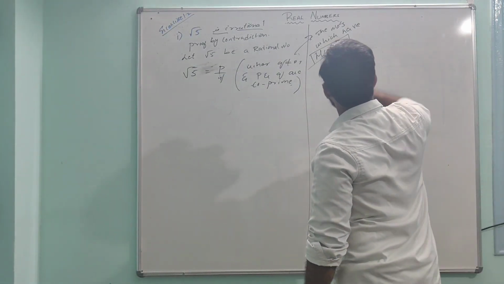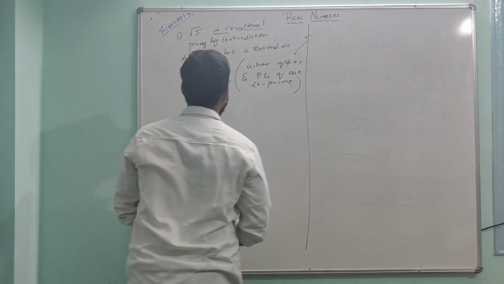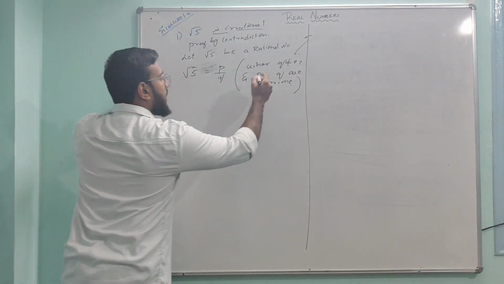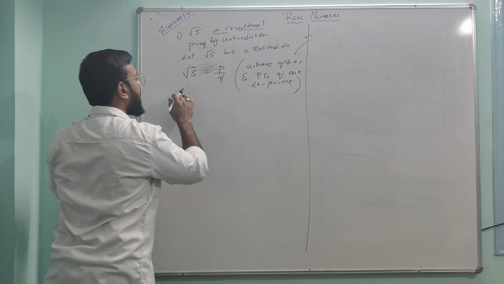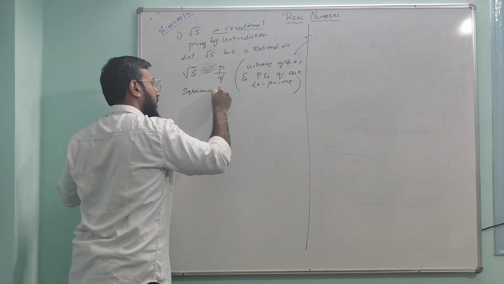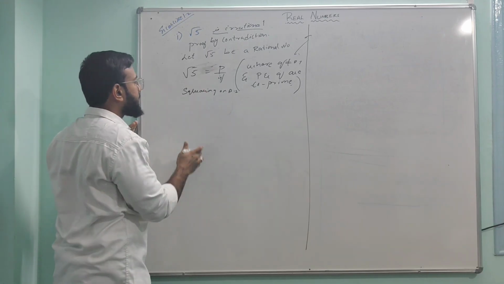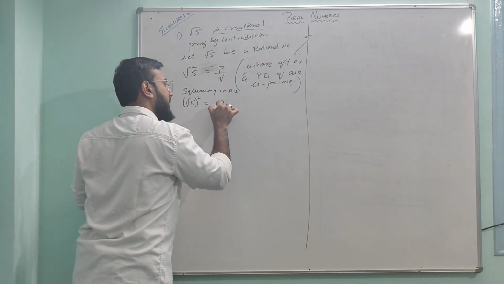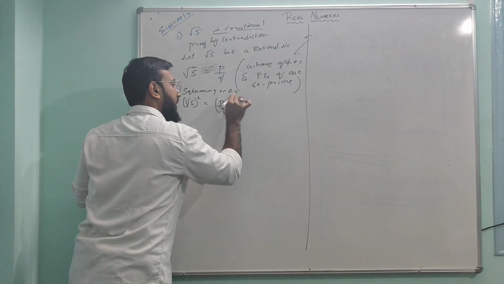Now, if we go ahead, squaring on both sides. What will we get on squaring both sides? Root 5 square equals p by q whole square.